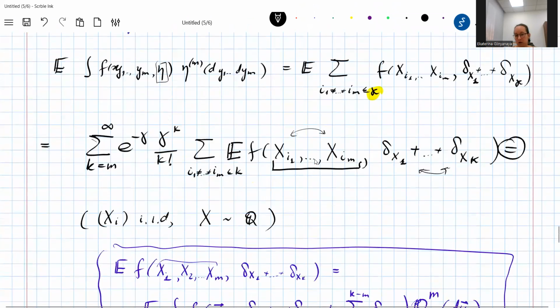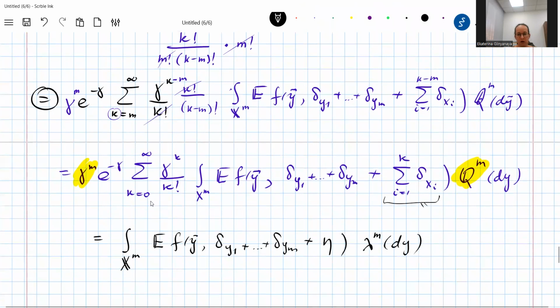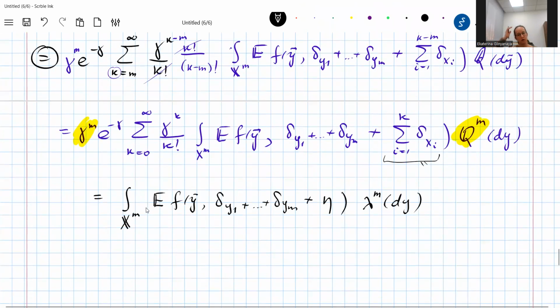So this is actually the part where the distribution of the number of summands plays a role. We cannot do this for an arbitrary point process, but only for a Poisson point process.